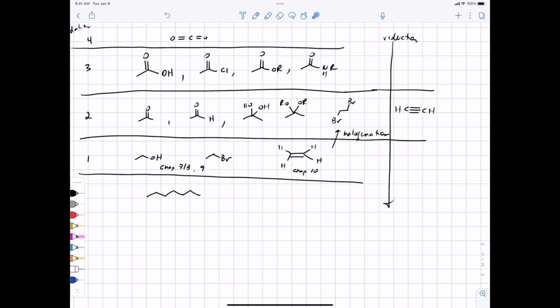We're going to wait until 352 to talk about how to reduce acid chlorides or esters to ketones or aldehydes. We'll wait on 352 to talk about ketones and aldehydes and some of these other groups. But this is the map or the framework for everything we've been talking about. All right. Anything you want to ask about that? Yes?